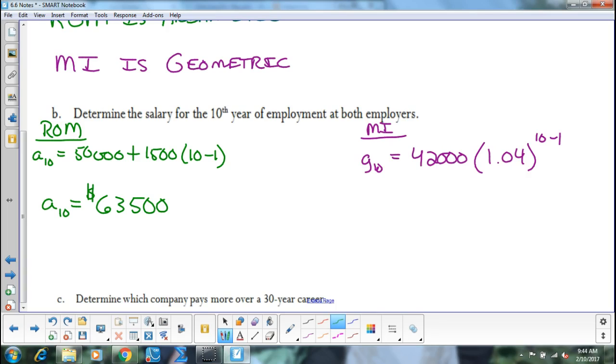For Mobility Inc., 1.04 to the 9th power times 42,000 is going to be $59,779.10.